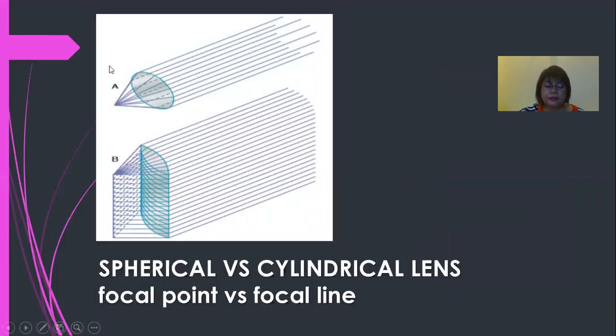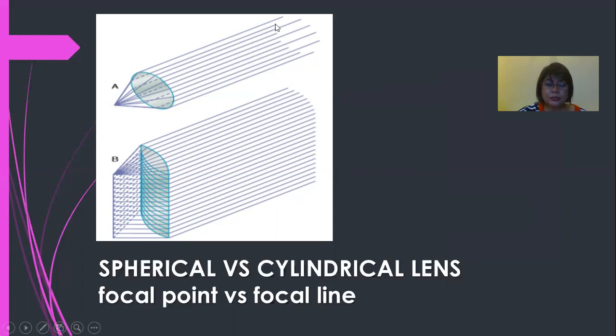If you compare a spherical and cylindrical lens, if you use a spherical lens, the light rays will converge in a focus point, while in using a cylindrical lens, the focus will fall in a focal line there. Okay, so this is like using a magnifying glass wherein you keep on moving it.